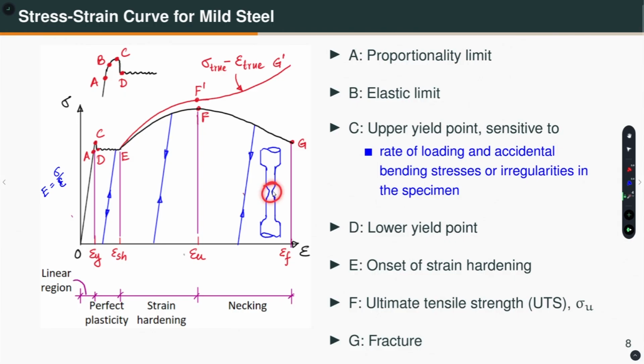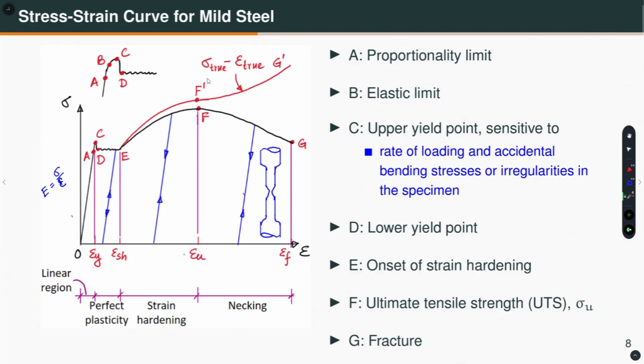Necking will form and eventually the material will fracture. That is point G. This curve is called your engineering stress strain response. That means the stress is calculated as the load divided by the original cross sectional area, and strain is simply the change in length over the gauge length, divided by the original length.